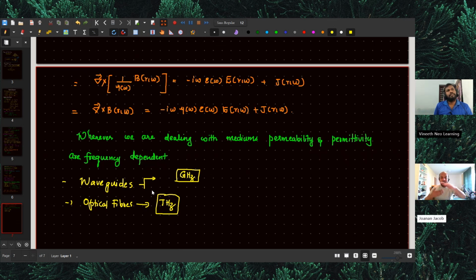Waveguides can handle frequencies in the range of gigahertz. That's why we use different things for different applications. Waveguides are usually made of metals, and metals have certain properties like reflection, transmission, and all those things. We will explain this in great detail later.